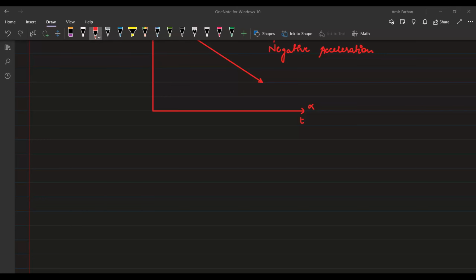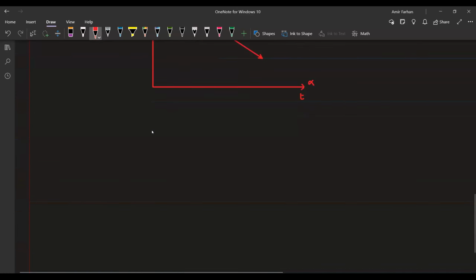The line would go in the upward direction.